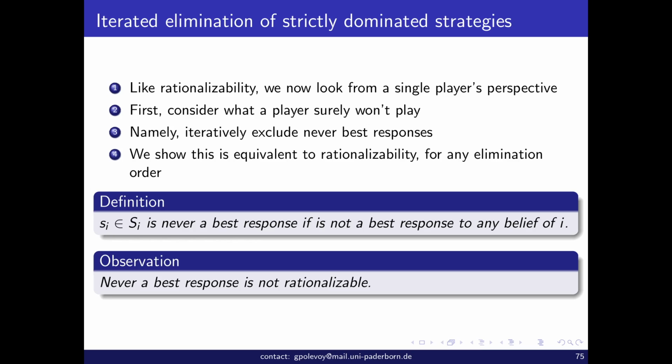So there is no belief, no probability distribution about what others do, such that it's going to be a best response. An observation, it's not rationalizable, because a necessary condition for rationalizability is that it's a best response to some belief about other players. We also need other things like the support of those beliefs need to be also best responses and so on, but it's necessary. So if something is never a best response, it's never rationalizable.